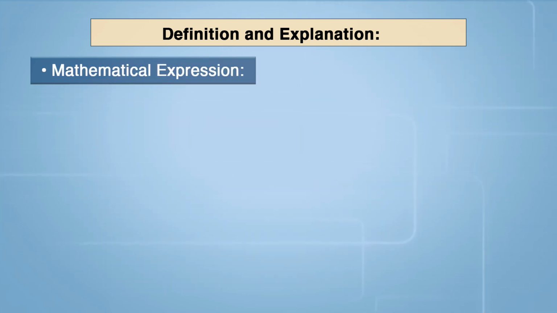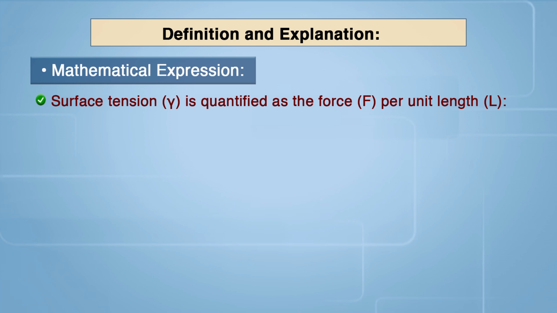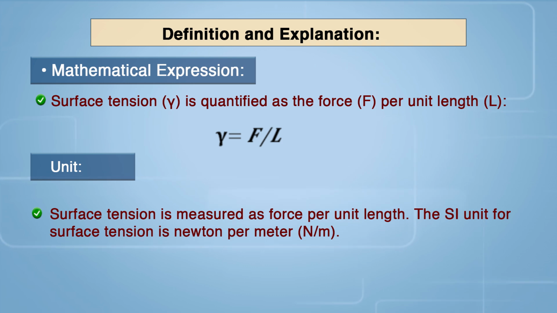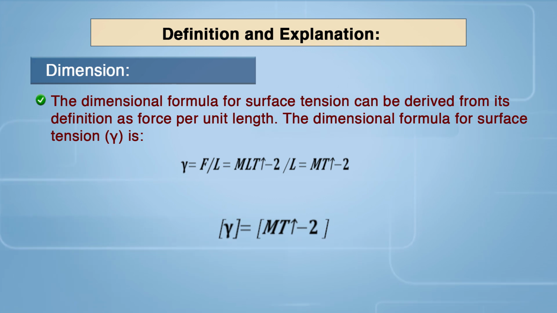Now, we will show the mathematical expression of surface tension, which is quantified as the force per unit length, given by the formula gamma equals F by L, where F is the force and L is the length. The unit of surface tension is Newton per meter, and the dimension we can calculate with the help of gamma equals F by L. We know that the dimensional formula of force is M L T to the power minus 2, and the dimensional formula of length is L, which upon solving gives M T to the power minus 2.